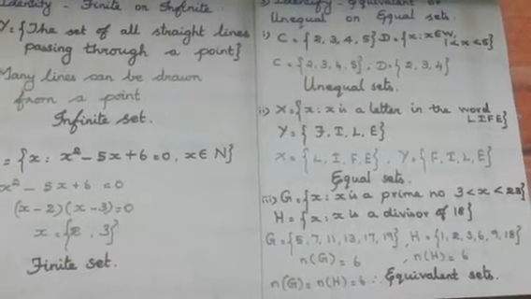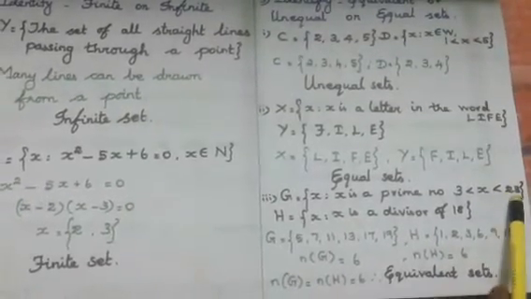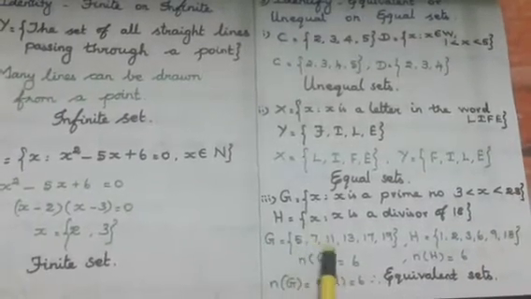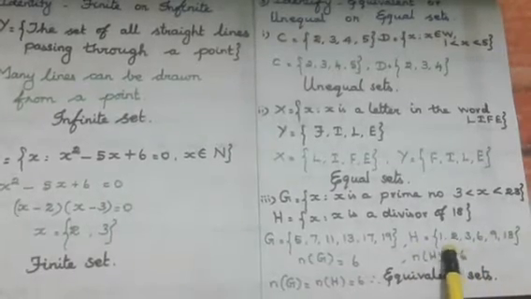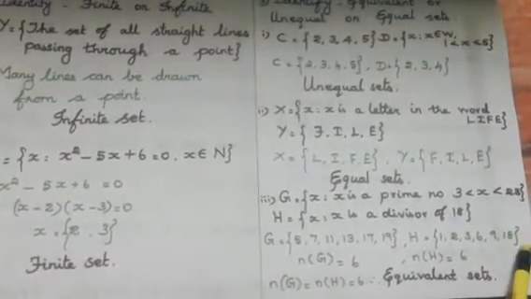So prime numbers in between 3 and 23 are 5, 7, 11, 13, 17, 19. Then H is equal to the divisors of 18, which are 1, 2, 3, 6, 9, 18.